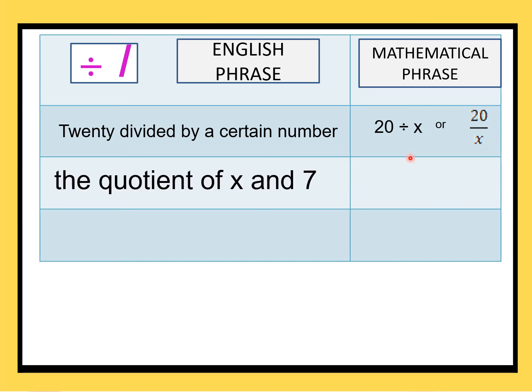Number 2 is the quotient of x and 7. So, the keyword is quotient. So, ibig sabihin, divide. So, the mathematical phrase is x over 7. Then, we have the last one, the ratio of 5 and y. So, it will be 5 over y.